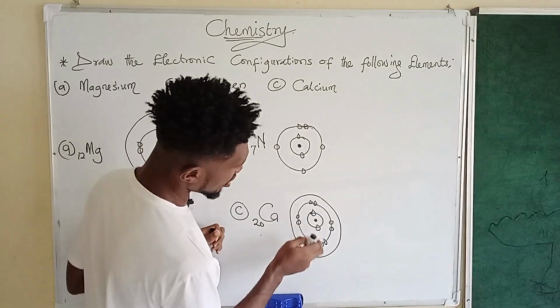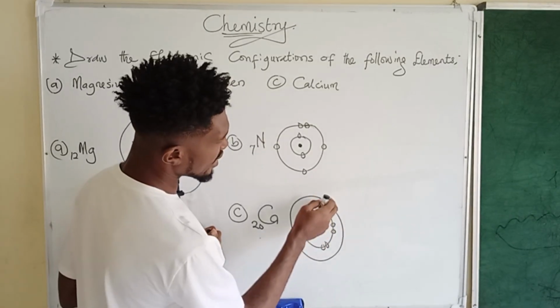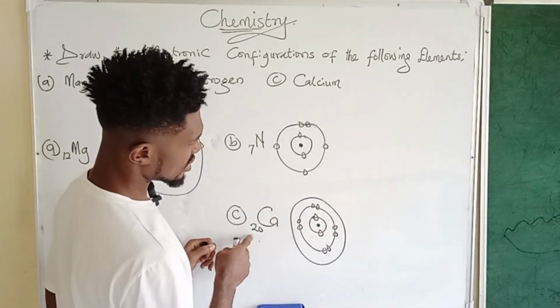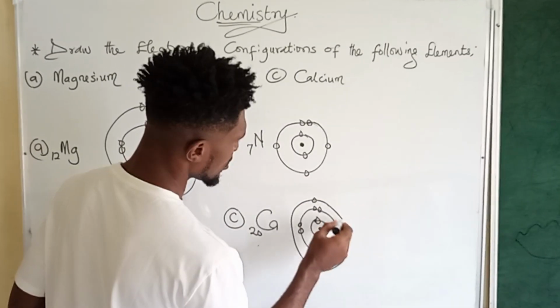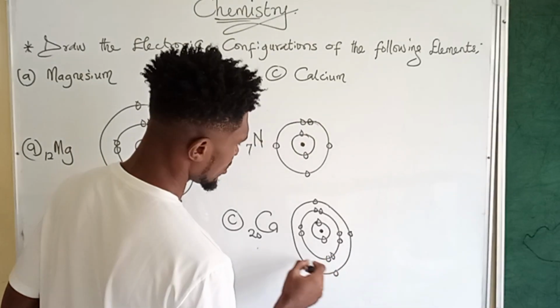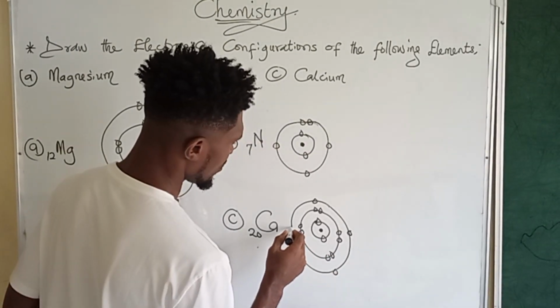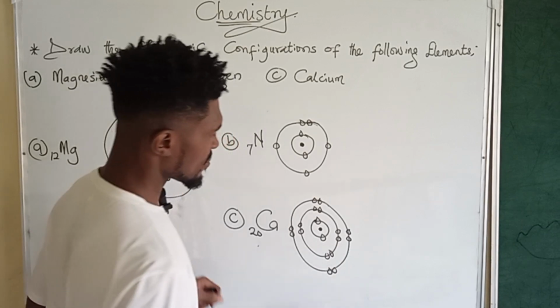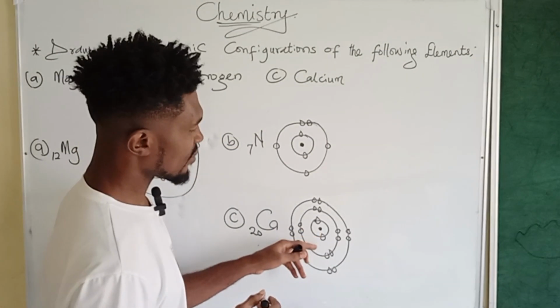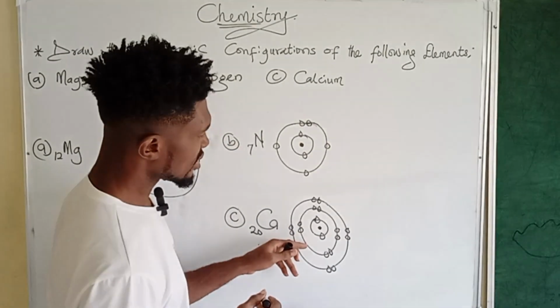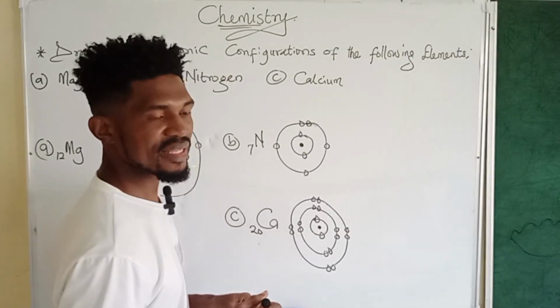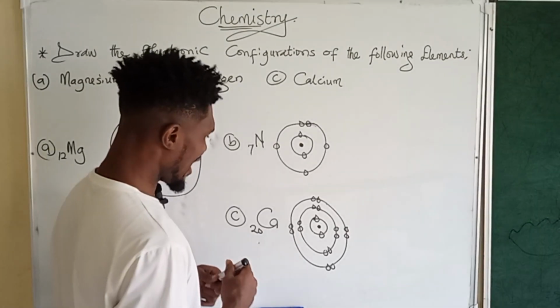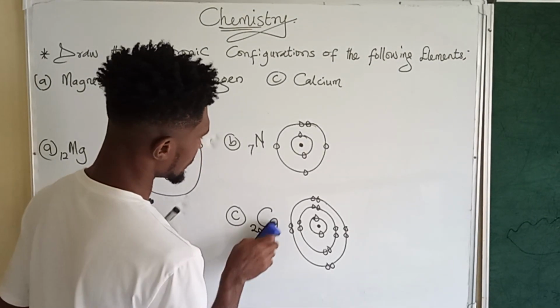That is 2 plus 8 is 10. If we add another 8 it is 18. It's not up to 20 yet. So we draw 1, 2, 3, 4, 5, 6, 7, 8. This is 18 now. 2 plus 8, 10. 10 plus 8, 18. Then the last shell will make it 20.